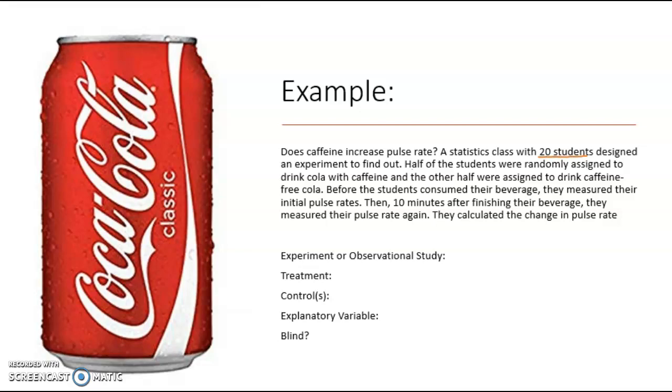Half of the students were randomly assigned to drink cola with caffeine, and the other half were assigned to drink caffeine-free cola. Before the students consumed their beverage, they measured their initial pulse rates. Then, 10 minutes after finishing their beverage, they measured their pulse rates again. So they calculated that change in pulse rates. So right off the bat, is it experiment or observational? Since they're imposing this treatment, it's definitely going to be an experiment.